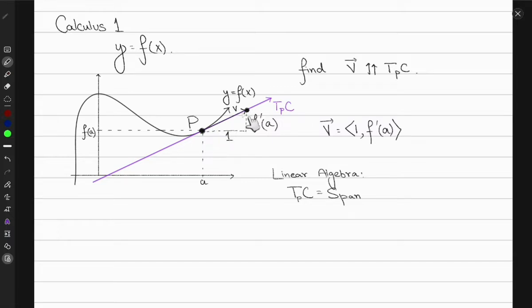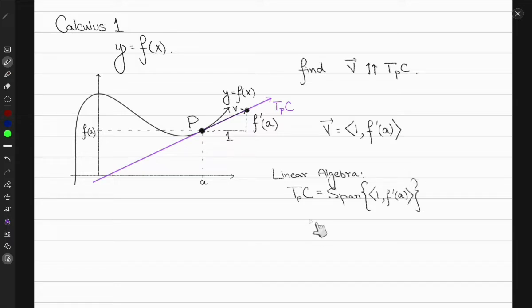So this vector v is just an arbitrary vector, and you can take a lot of these vectors v and put them on this tangent space, and that would be the span of all of these. So it's a span of your vector v, which is <1, f prime of a>.